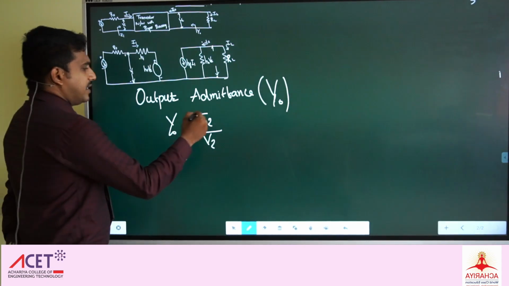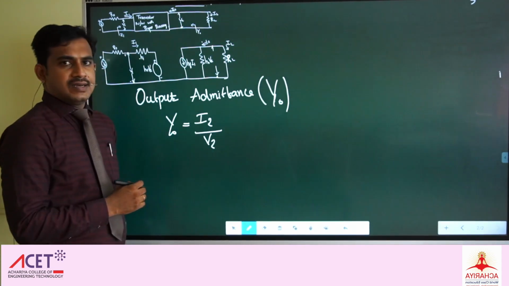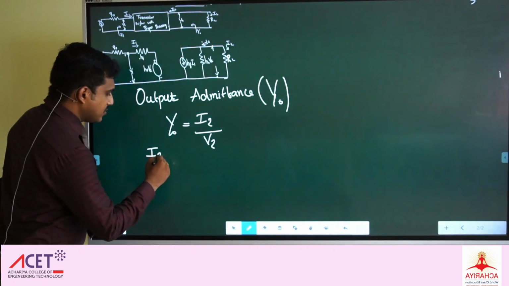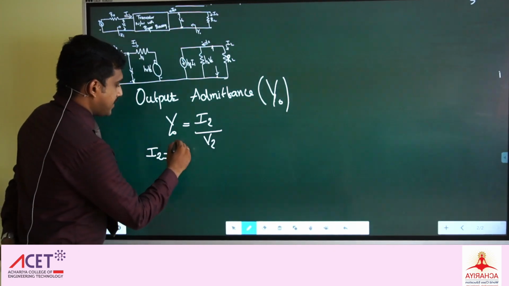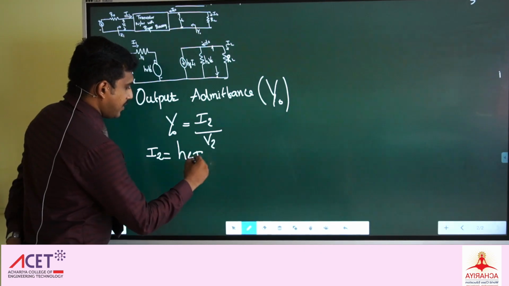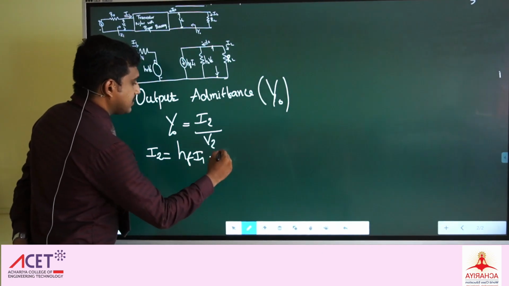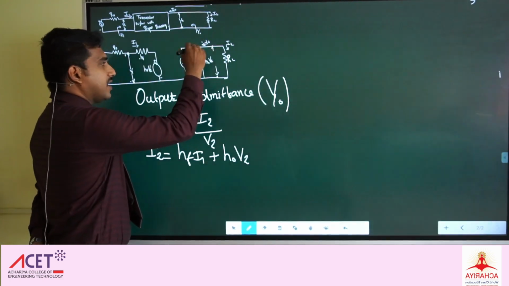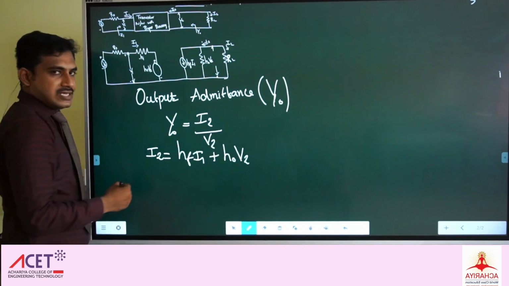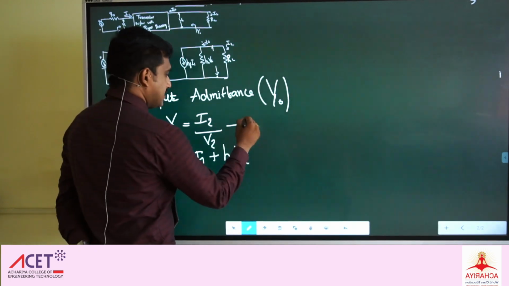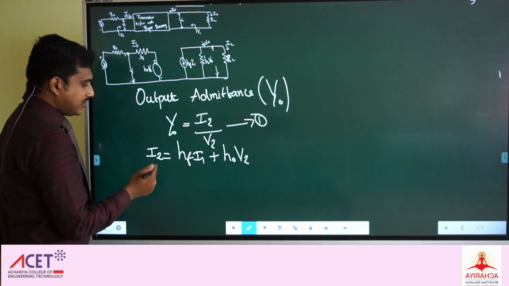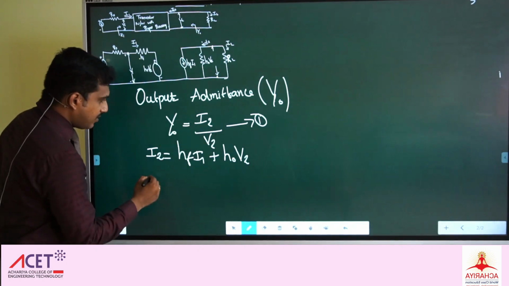First, what is I2? We can apply Kirchhoff current law. We will be getting this equation. I2 is equal to HF I1 plus H naught V2. By applying Kirchhoff current law in the output loop, you will be getting this equation. Consider this as equation number 1. Now we can divide this equation by V2 to find Y naught.